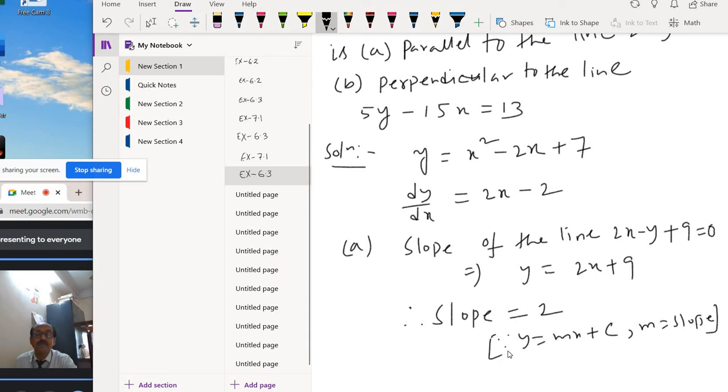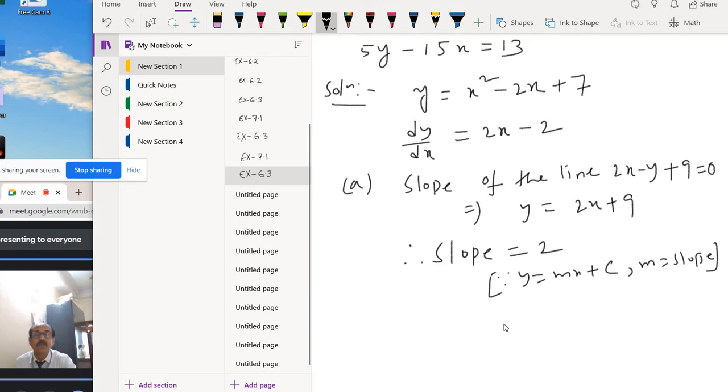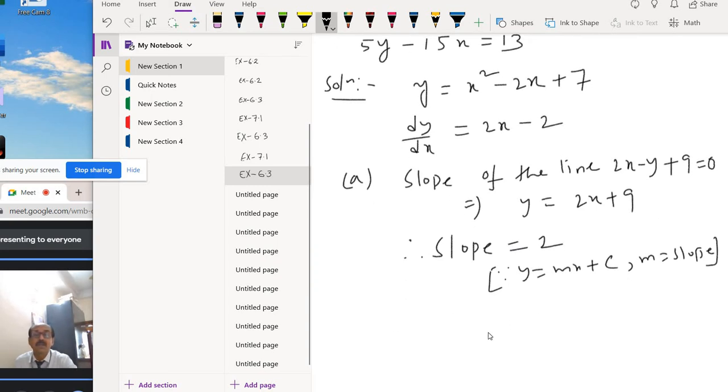Now slope of the curve is 2x minus 2. So according to the question, 2x minus 2 equal to 2, because for parallel lines, slopes are the same, m1 equal to m2.